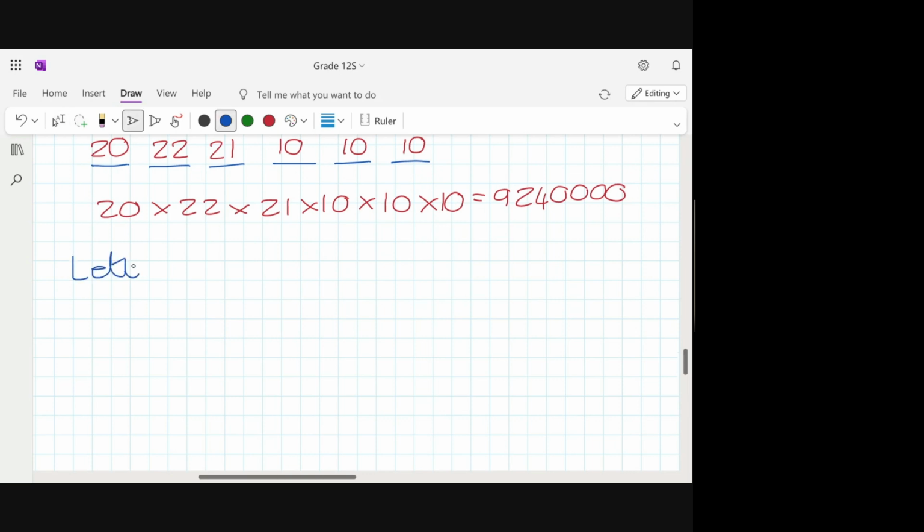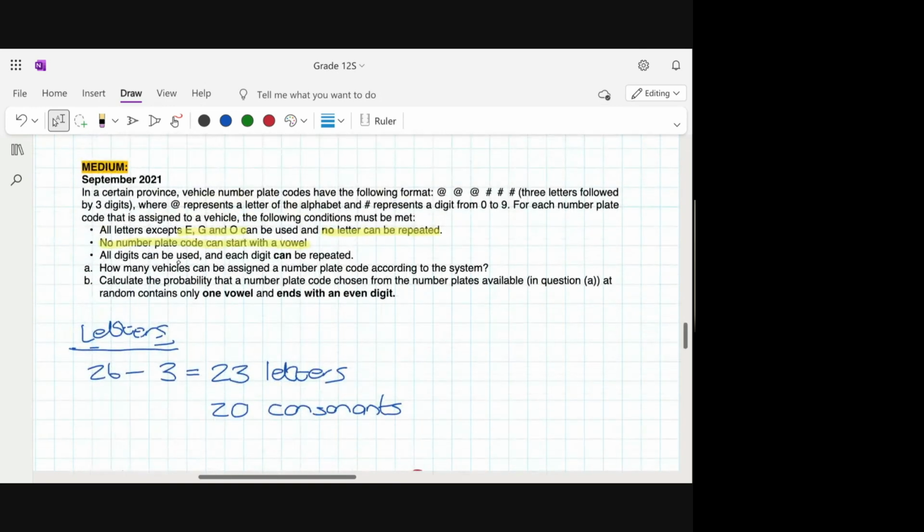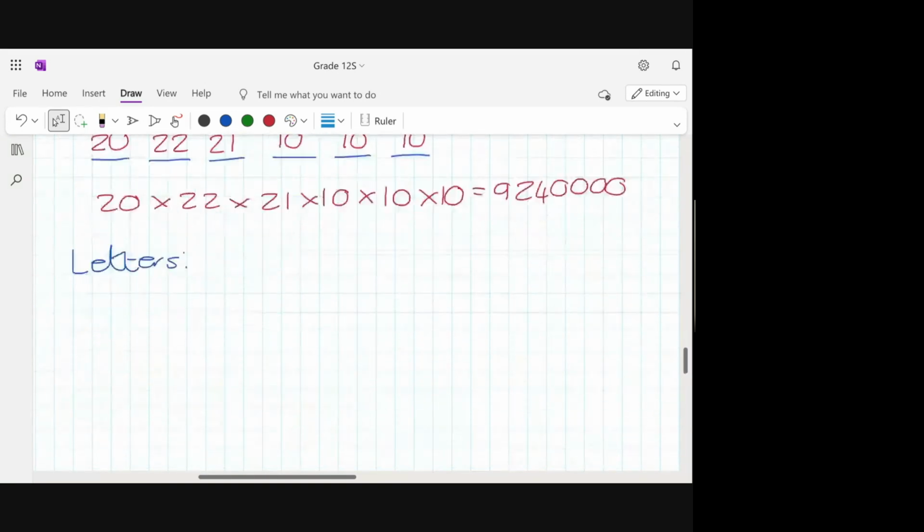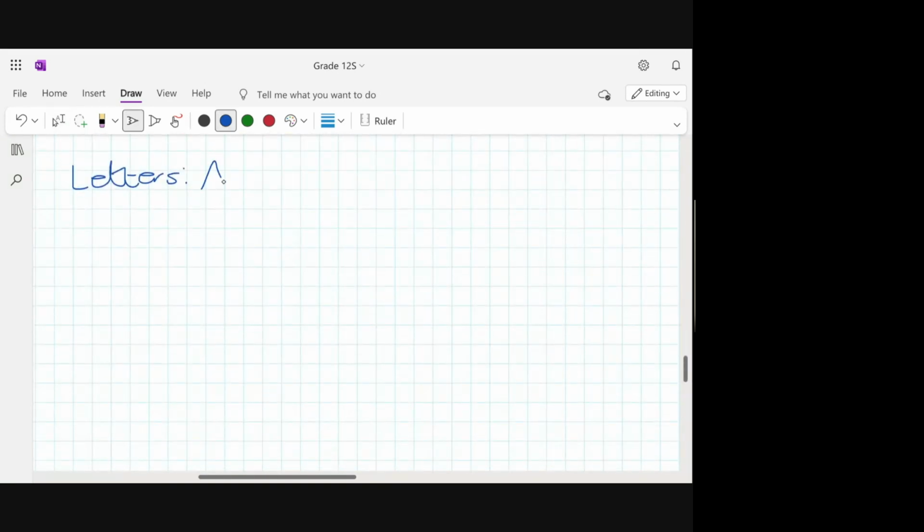Let's look at our letters. We weren't allowed to use certain letters in the beginning. We weren't allowed to use E and we weren't allowed to use O. So that leaves us with A, I, and U. 3 vowels.